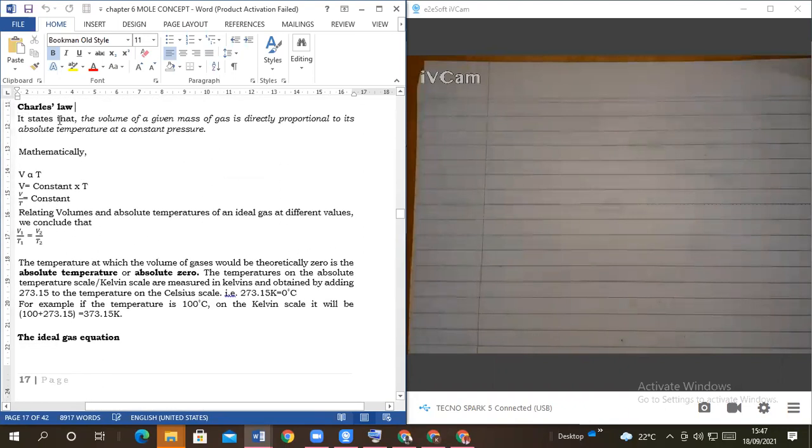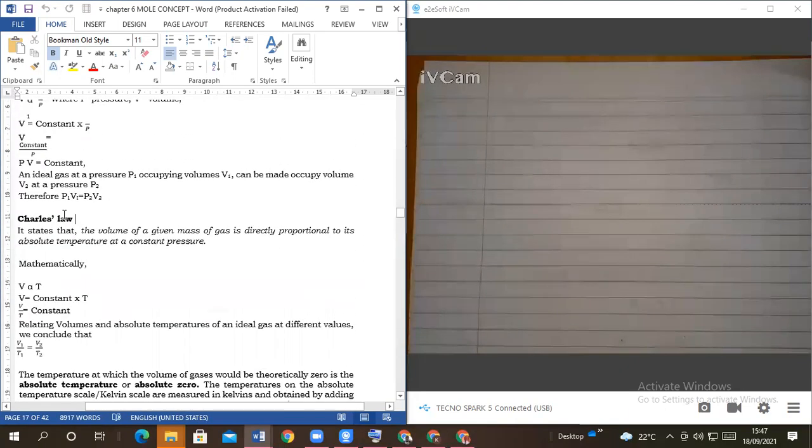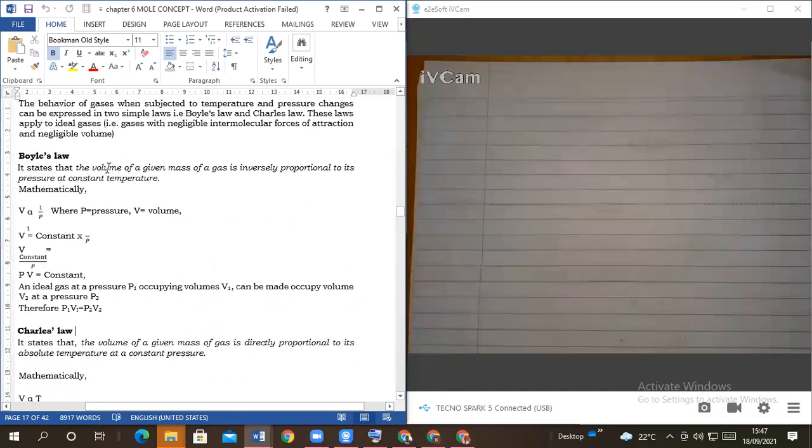These are minor things because Boyle's law says that the volume of a given mass of a gas is inversely proportional to its pressure at constant temperature. If the temperature is constant, the volume is inversely proportional to 1 over P, which is pressure.